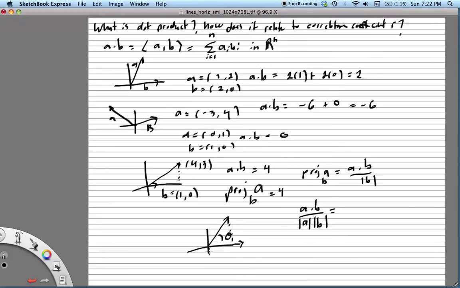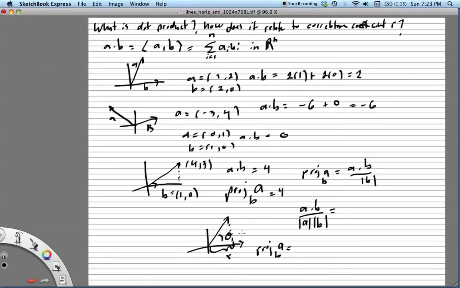Because if this thing has a length of 1 and this thing has a length of 1, then we know that the projection of A onto B is equal to this x value right here.